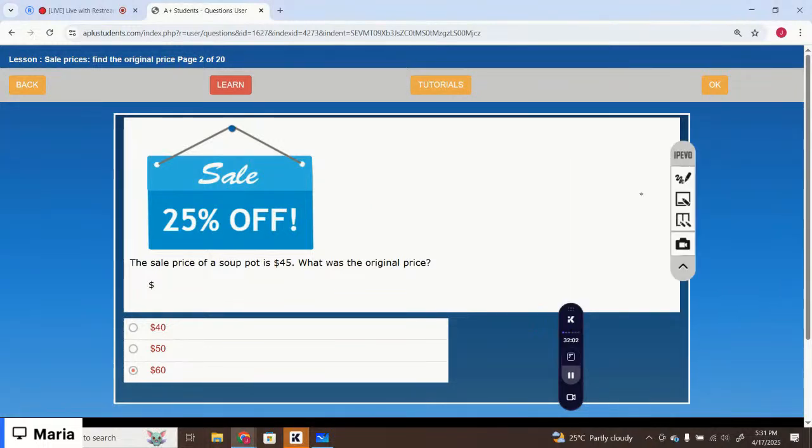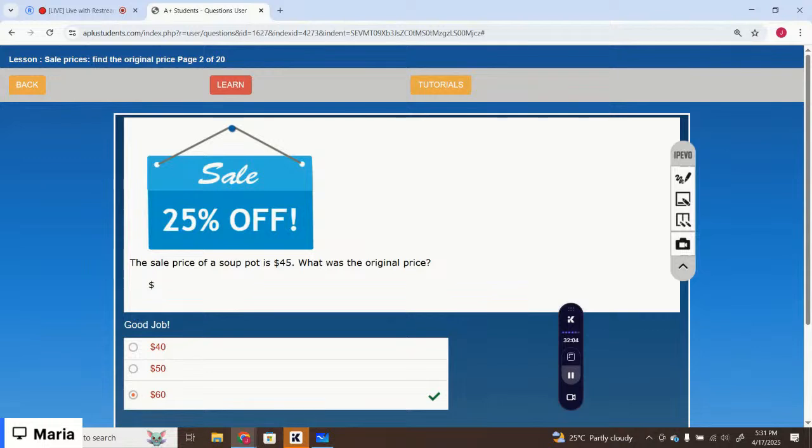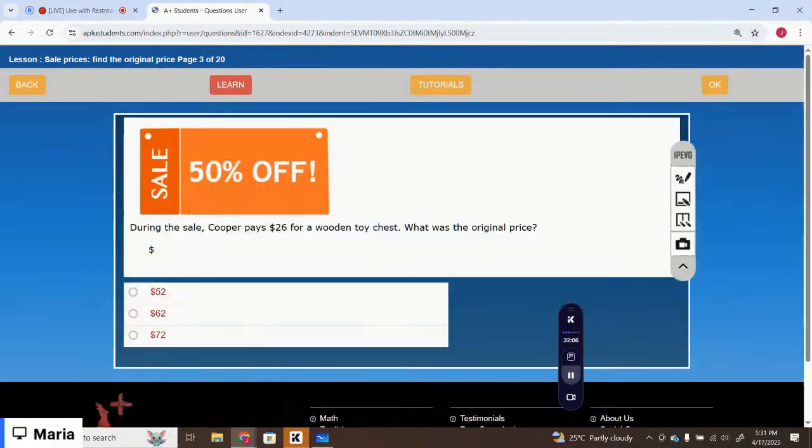During the sale, Cooper pays $26 for a wooden toy chest. What was the original price? 50% off means that is only half price.